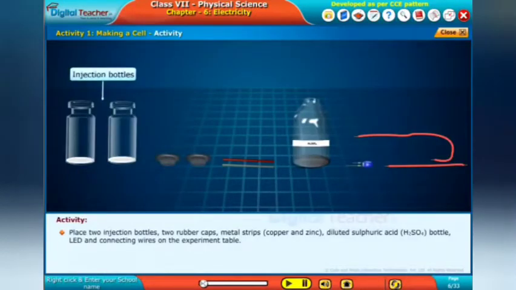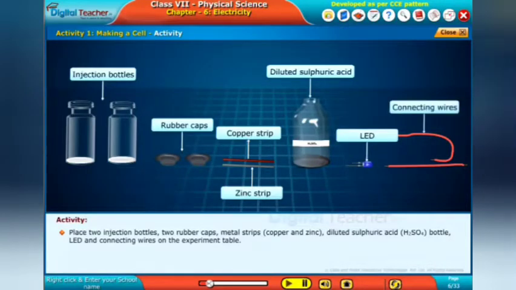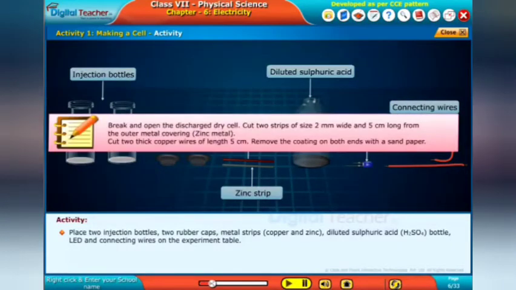Place 2 injection bottles, 2 rubber caps, metal strips of copper and zinc, diluted sulfuric acid H2SO4 bottle, LED and connecting wires on the experiment table. Note: break and open the discharged dry cell.